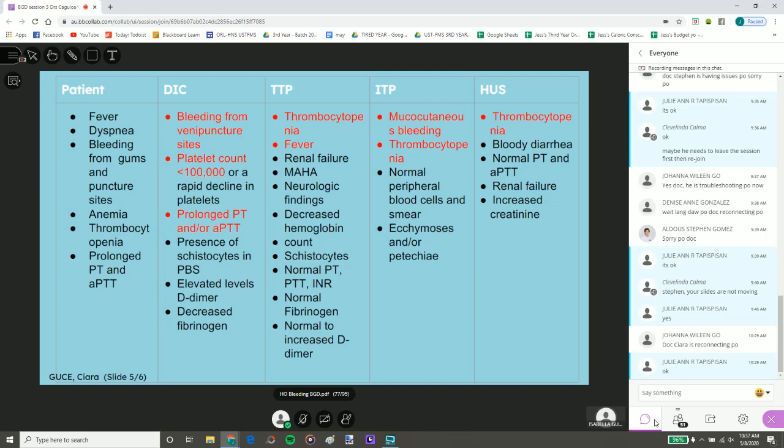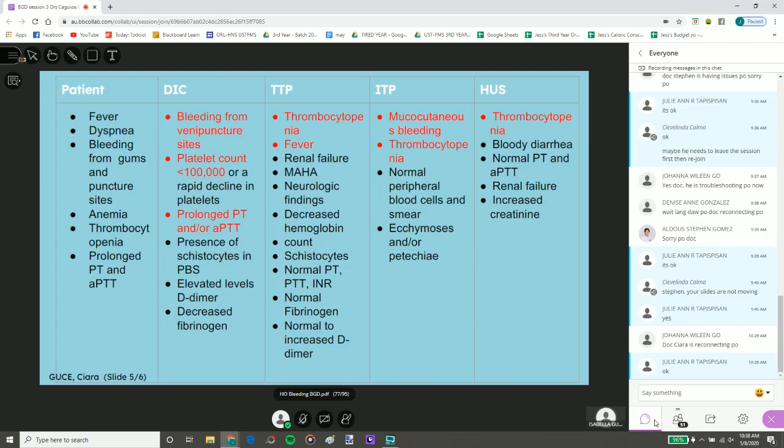However, for TTP, the patient must have the five clinical signs of thrombocytopenia, fever, renal failure, microangiopathic hemolytic anemia, and neurological findings for us to diagnose the person as TTP. However, since it is not present in our patient, we can rule this out.